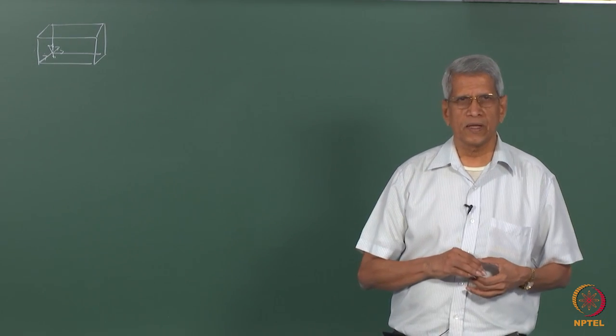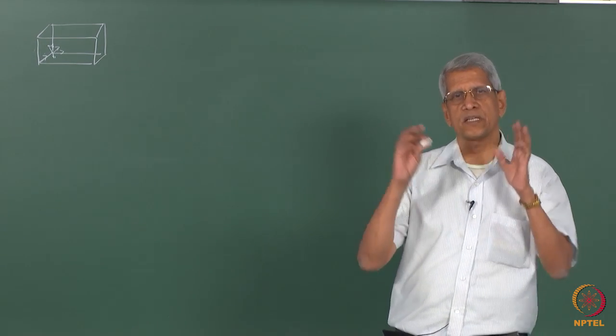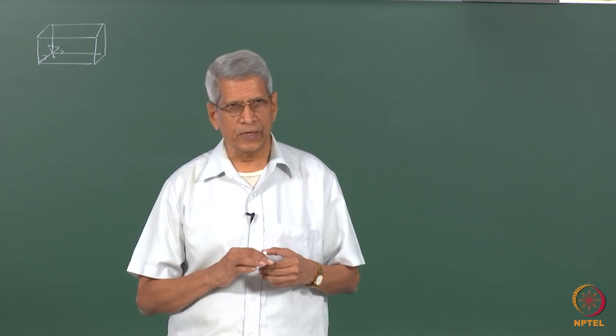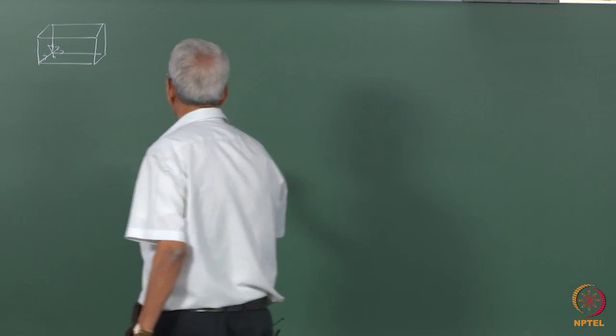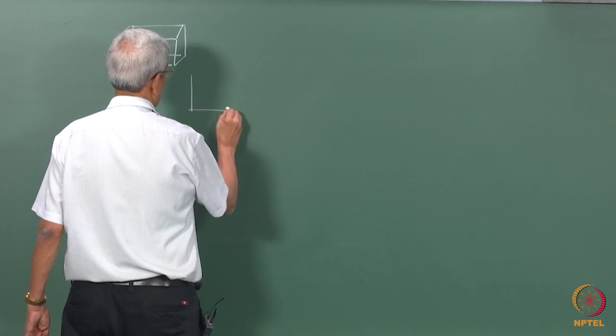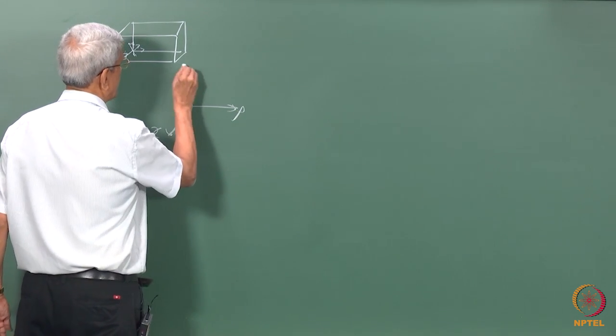The third is stress and strain measurements. When we want to find out the stress and strain field around a dislocation, we have a crystallographic coordinate system which we may be using like a Cartesian coordinate system, x, y and z.